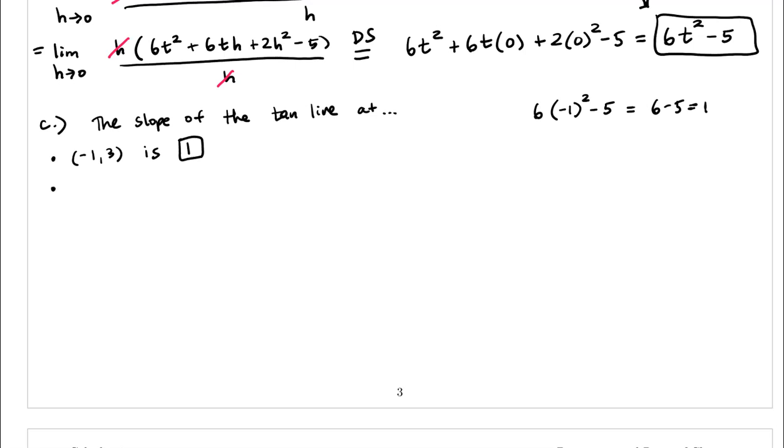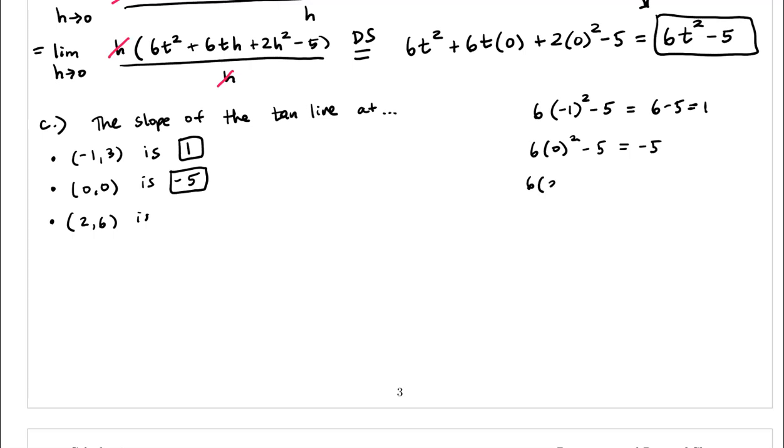The next ordered pair we wanted to find the slope of the tangent line was 0, 0, so 6 times 0 squared minus 5, that's going to end up being -5. And then the last ordered pair that we were interested in was 2, 6.